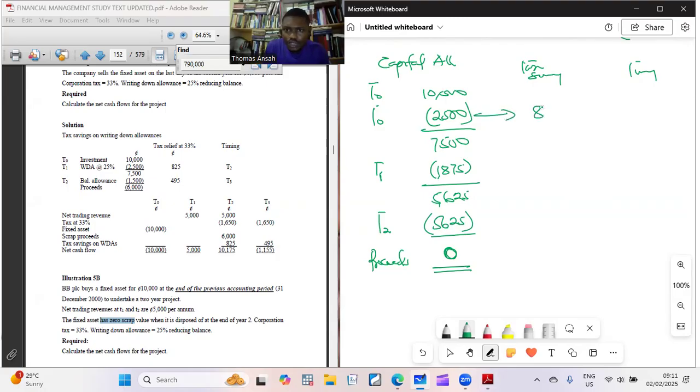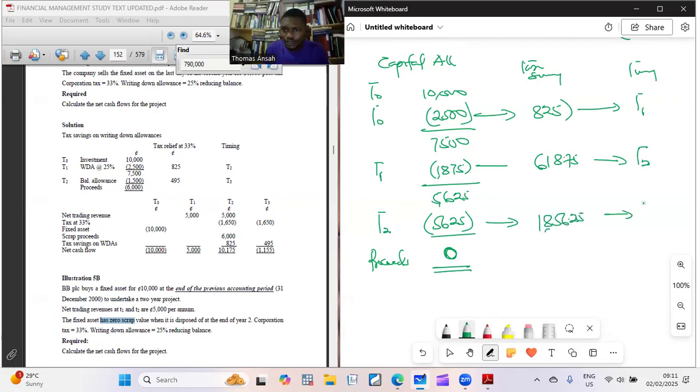I think when we did this, we had 825, timing T1. Then this one, 0.33 multiplied by 1875. That gives me 618.75, timing T2. Have you seen that? And this one too is 0.33 multiplied by 5625. That is giving me something like 1856.25.